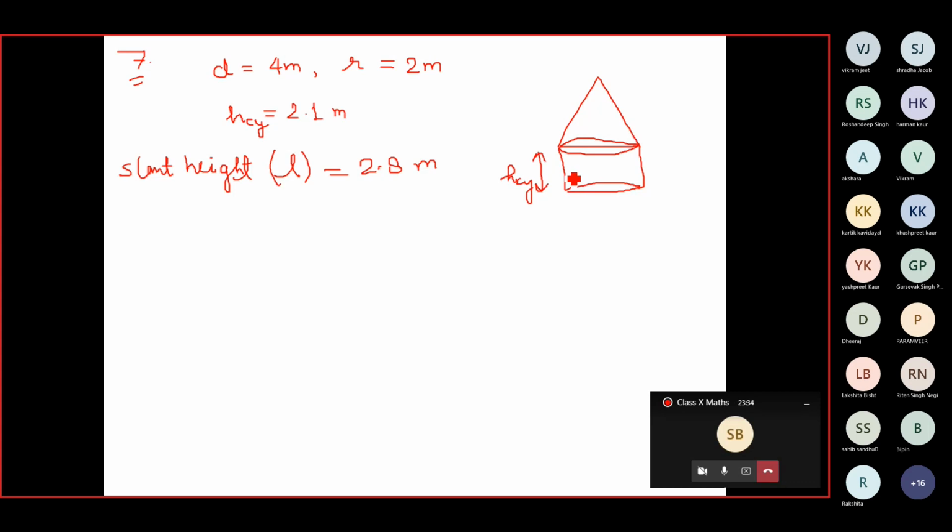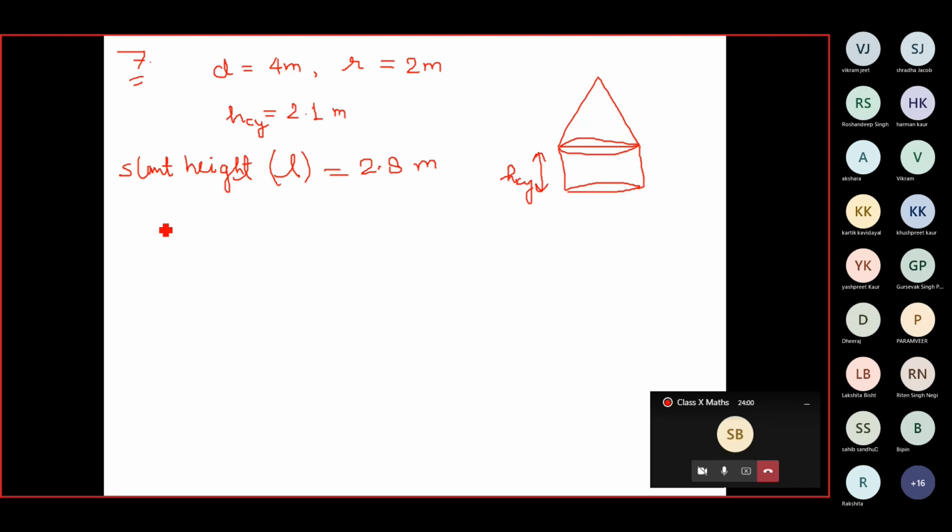Construct a tent in your mind. There is a cone on the top and cylinder at the base. You are covering the whole cylindrical part with the canvas and the conical part on the top with the canvas. So how much is required? The curved surface area, yes or no? Understanding this? Yes, sir.